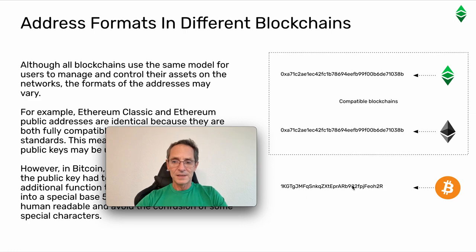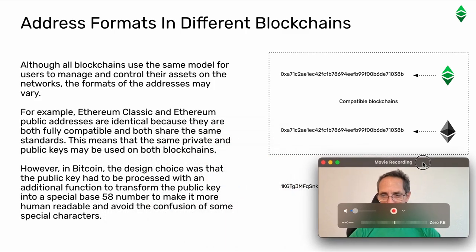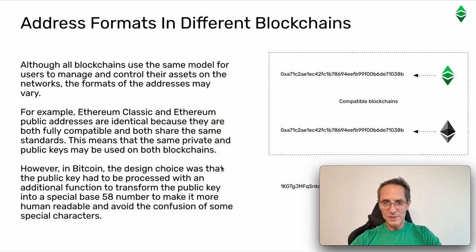Because Satoshi Nakamoto at the time thought it was easier to read by humans, and also because it has all the alphabet instead of hexadecimal, which has only the first 6 letters of the alphabet. Then the I's and the L's could be confused and things like that. So he eliminated several letters. So this is a clean way of looking at the addresses in Bitcoin.